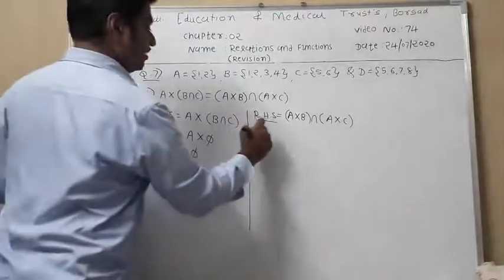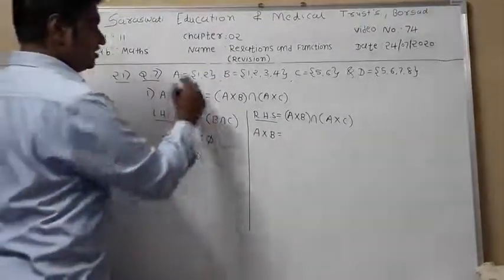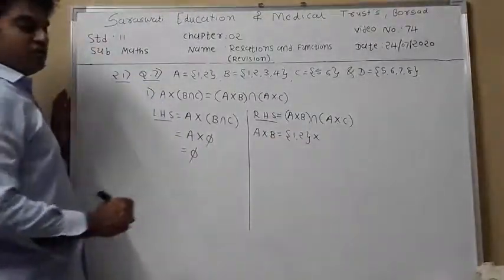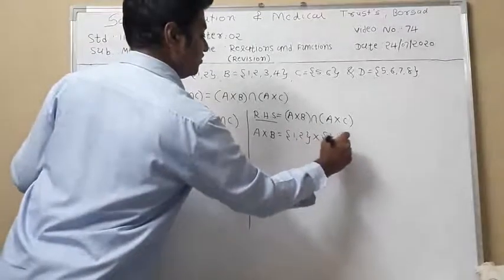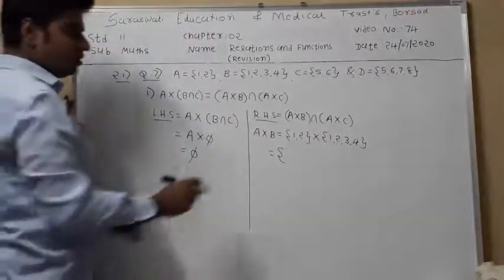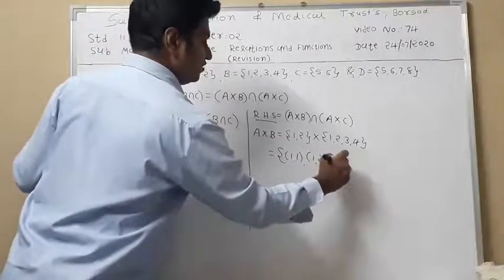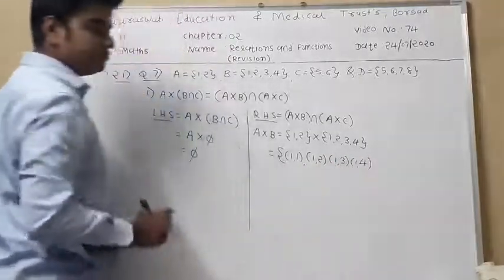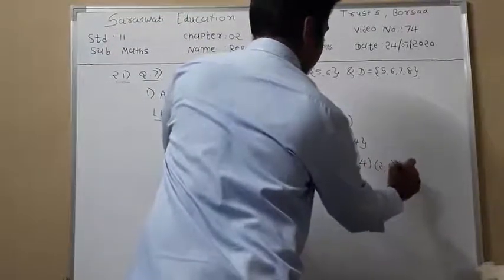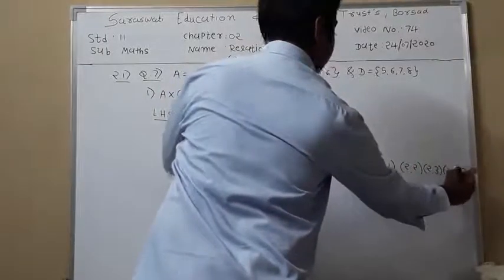First find A × B. Writing A as {1, 2} and B as {1, 2, 3, 4}, A × B = {(1,1), (1,2), (1,3), (1,4), then multiplying 2 in this set, (2,1), (2,2), (2,3), (2,4)}. Set over.